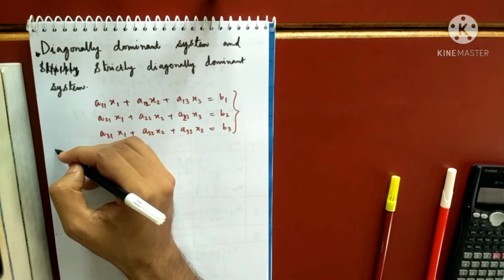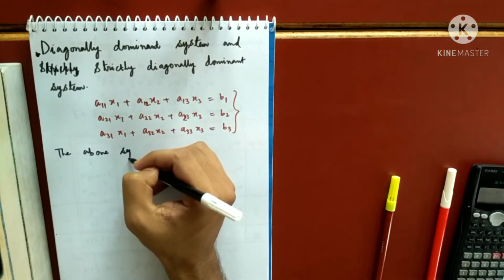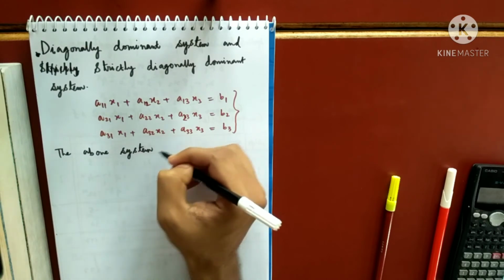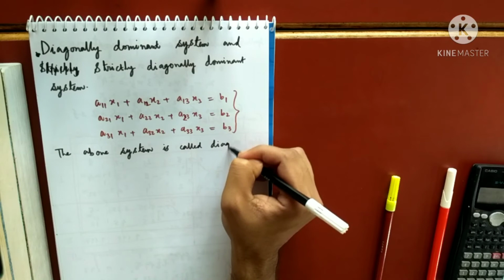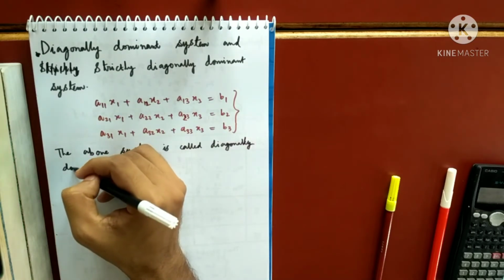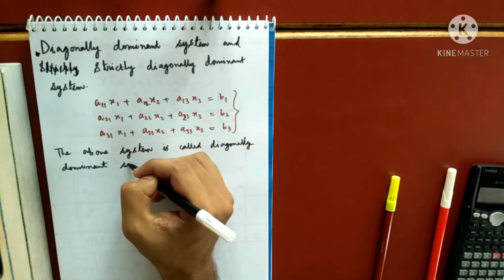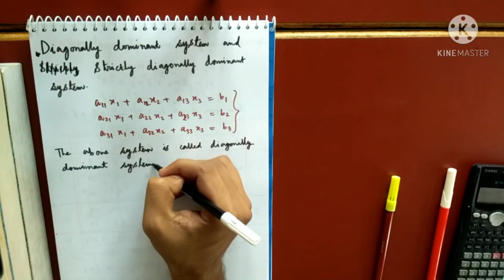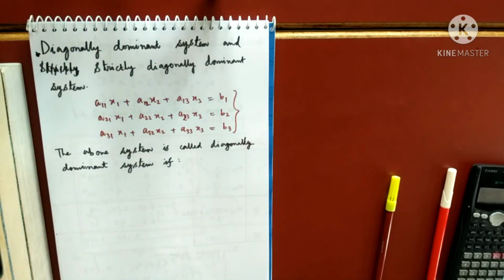So the above system is called a diagonally dominant system if this happens. What happens, I'll tell you.